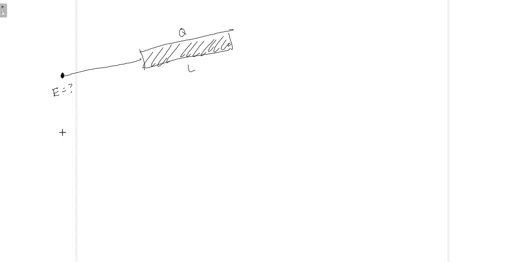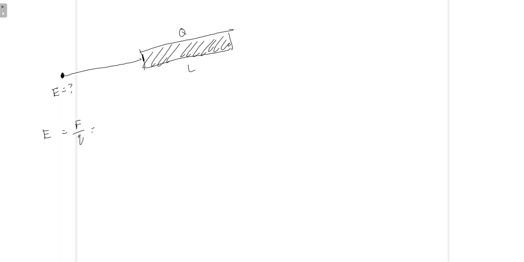We remember that the electric field given a test charge is equal to F over q, where F is the force. The electric field is the force on a charge for a given test charge.